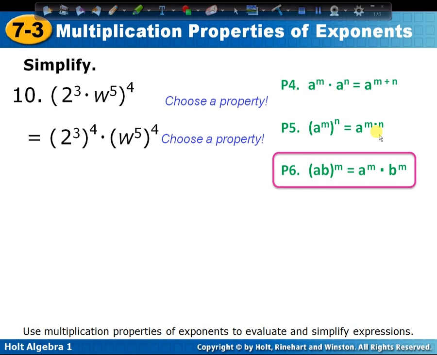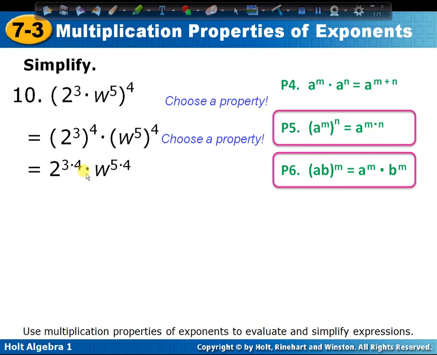Property number 5 tells me that when I have a power raised to a power, I multiply my exponents. So that becomes 2 to the 3 times 4, w to the 5 times 4, which equals 2 to the 12 times w to the 20. I can simplify that out further by saying 4,096 times w to the 20th. Get that down before you move on.